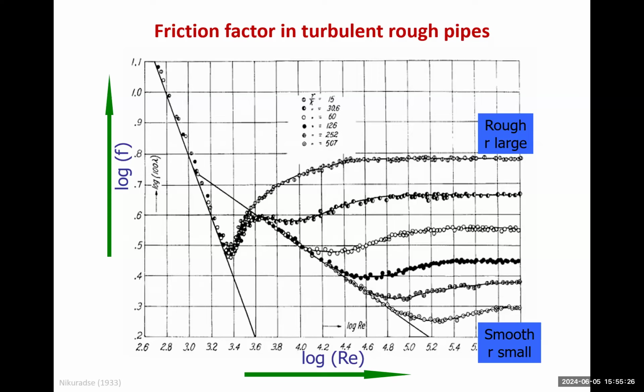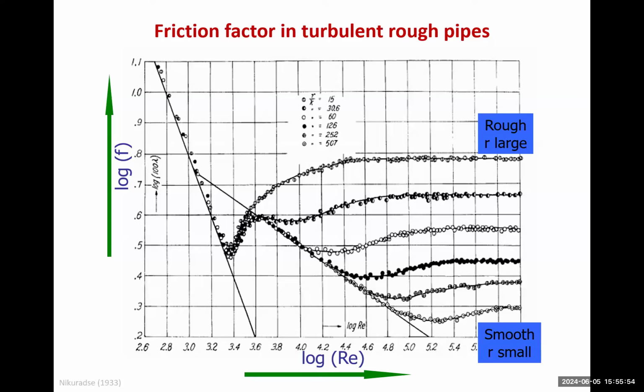So that's what Nikuradse measured in 1933. This range here, this slope, is 1 over Reynolds number. Since the friction factor goes like 1 over u squared, if the pressure drop, the drag, is proportional to the velocity, then it should go like 1 over Reynolds number. This is a log plot, and this slope does go like 1 over Reynolds number.